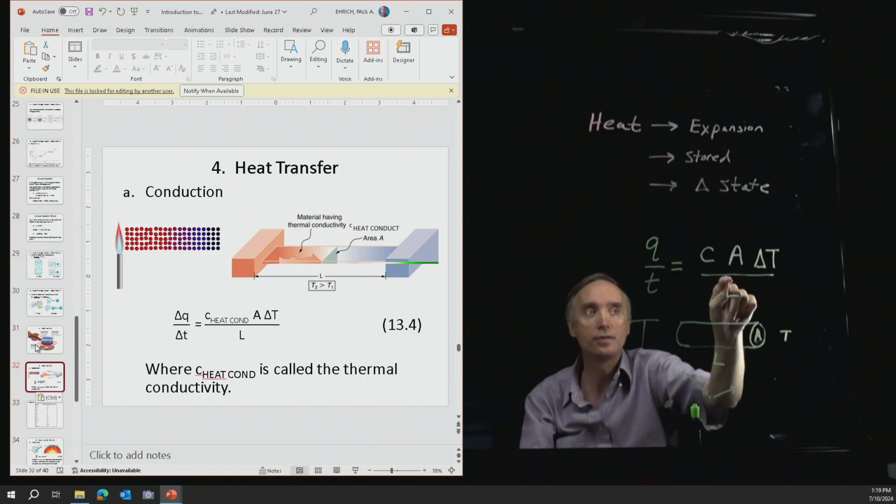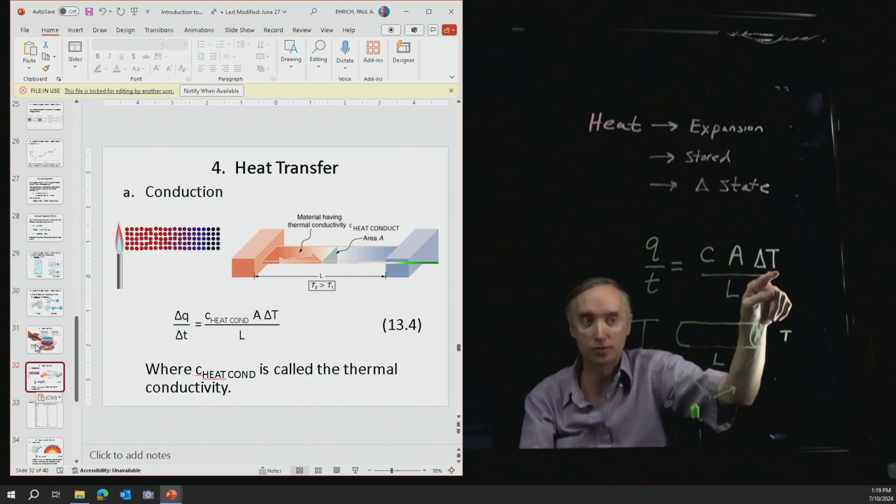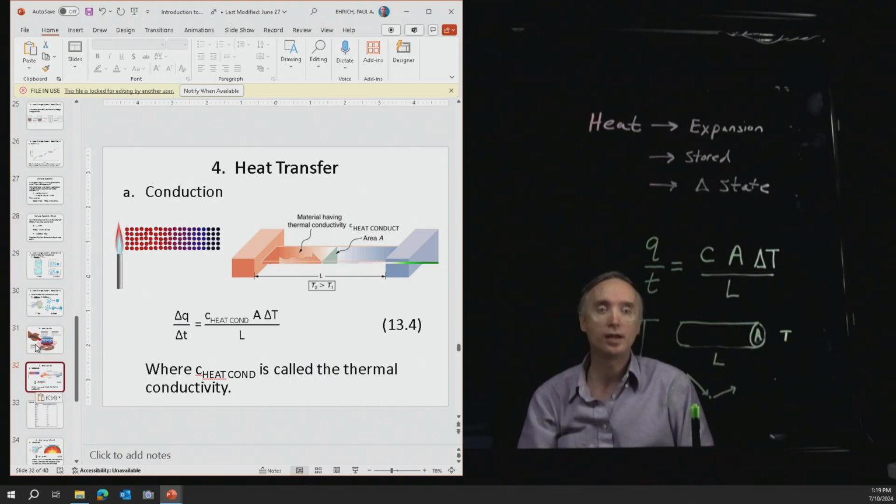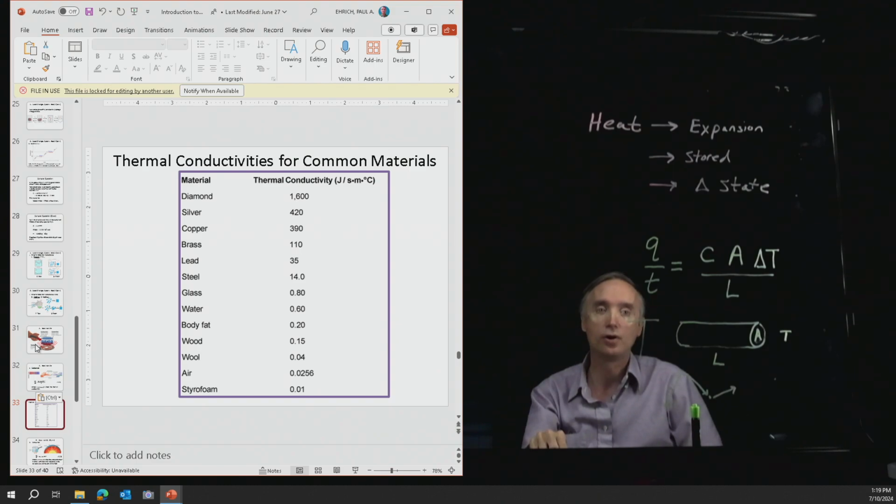It's going to depend on the length, and then it's also going to depend on the change in temperature of the material. So that's how we would calculate the rate at which the heat would move through this material. Now let's compare that to, and then again, here are some thermal conductivities for common materials.